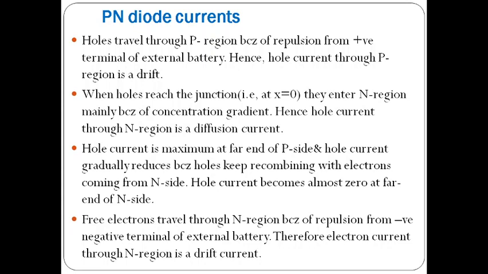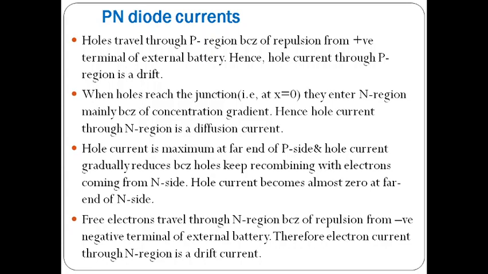In the N region, the minority charge carriers are holes. So when you observe at x equals 0, or at the junction, in the P region a large number of holes are accumulated. In the N region, fewer holes are present because it is the N region, so we have minority charge carriers.